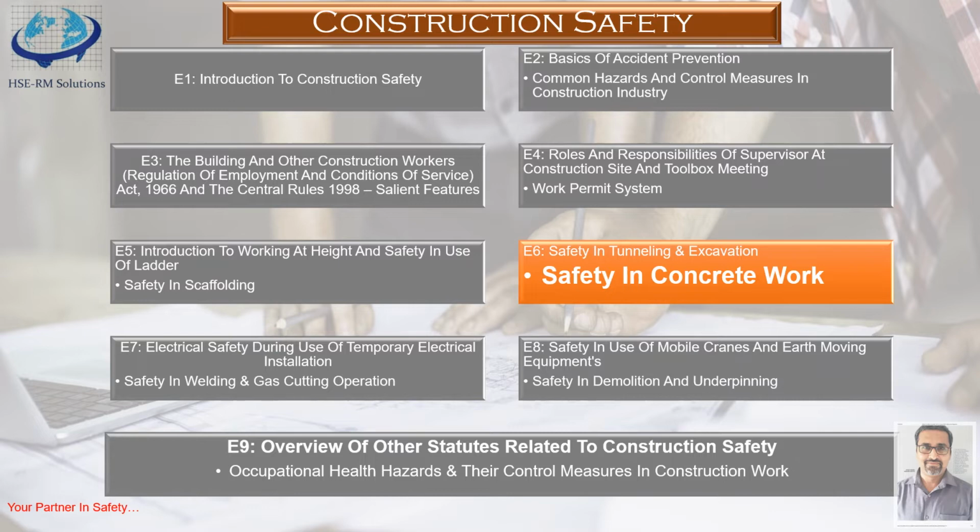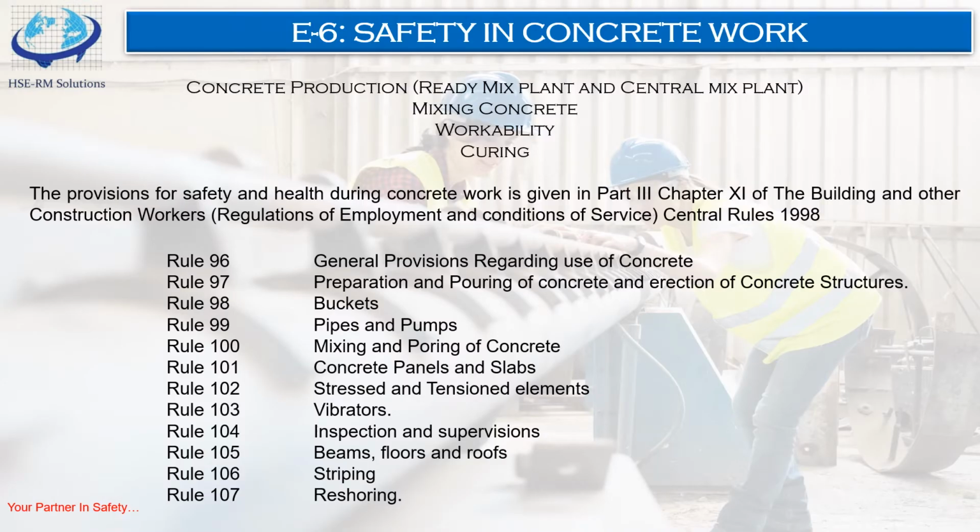So let us see first. The concrete plant usage comes in two types: first is the ready mix plant and second is the central mix plant. The ready mix plant mixes all the ingredients except water, while a central mix plant mixes all the ingredients including water.